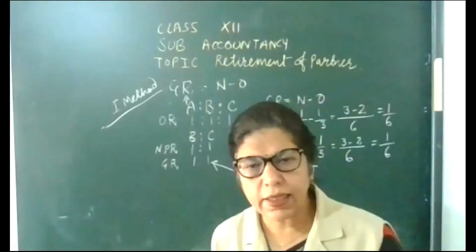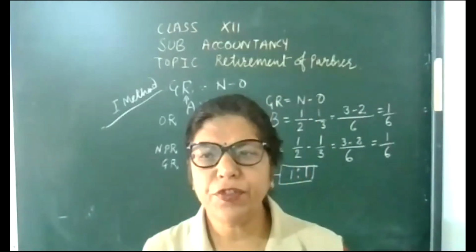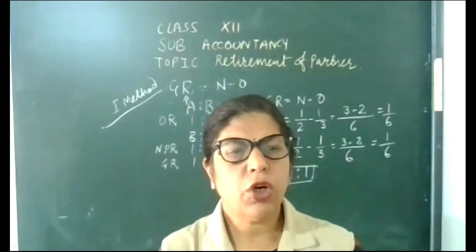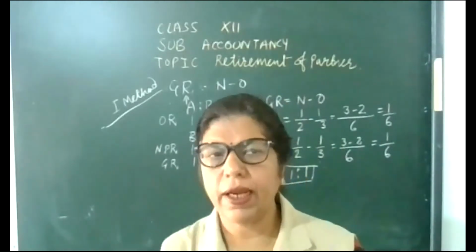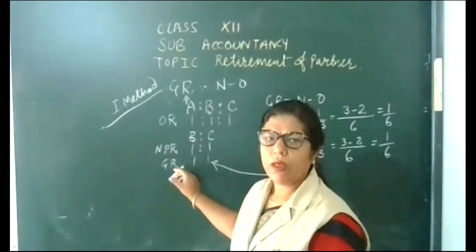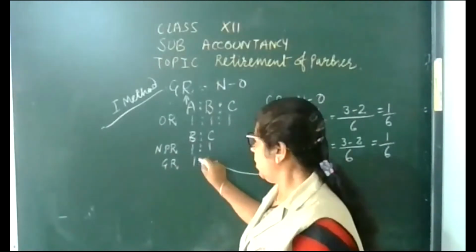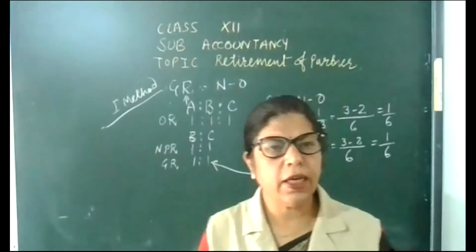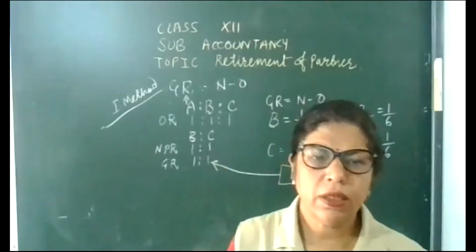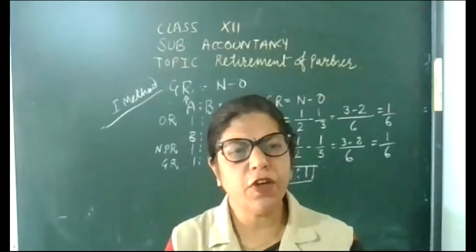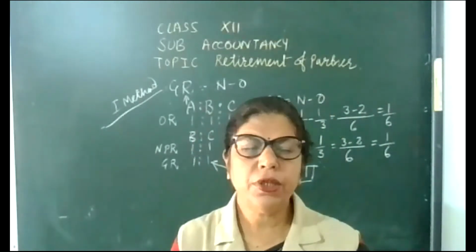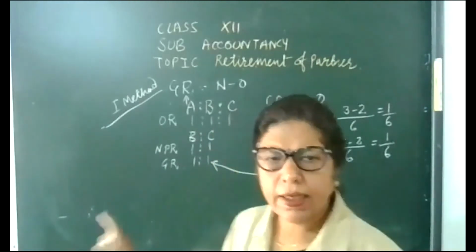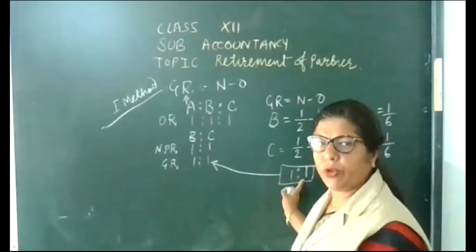That's why, if this question comes in an MCQ, asking what is the gaining ratio in that case, it will be equal, 1 is to 1. Or you can come to the conclusion that in the first condition, the new ratio and gaining ratio will be the same. I explained this to you.